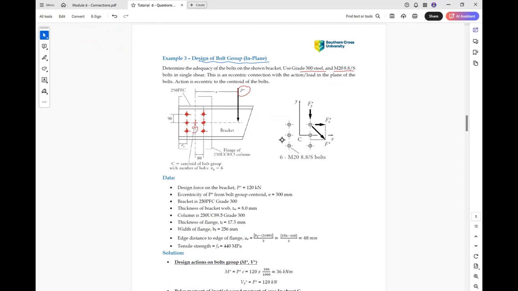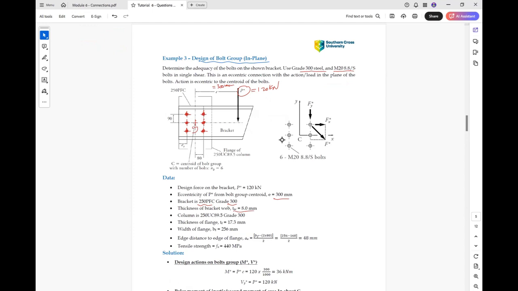So the design force is 120 kilonewton. Eccentricity to the bolt group is 300 millimeter. The bracket is a 250 parallel flange channel, grade 300. Thickness of the bracket web is 8 millimeter.